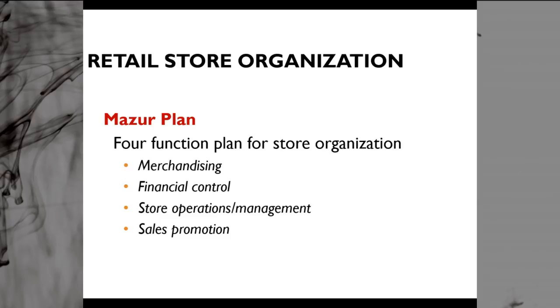So merchandising, do you remember that? All the activities involved in selling the product to make a profit. And financial control can be either how you manage price and so on, or the overall financial situation, according to Mazur. And I'll show you the next slide.